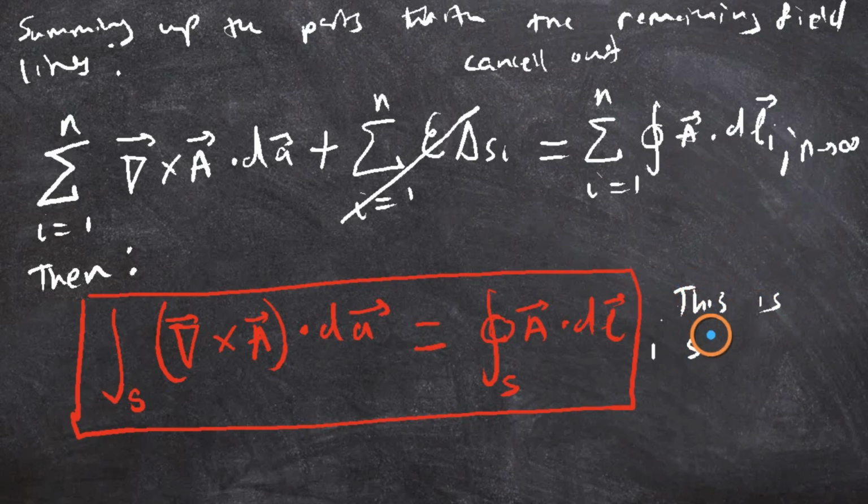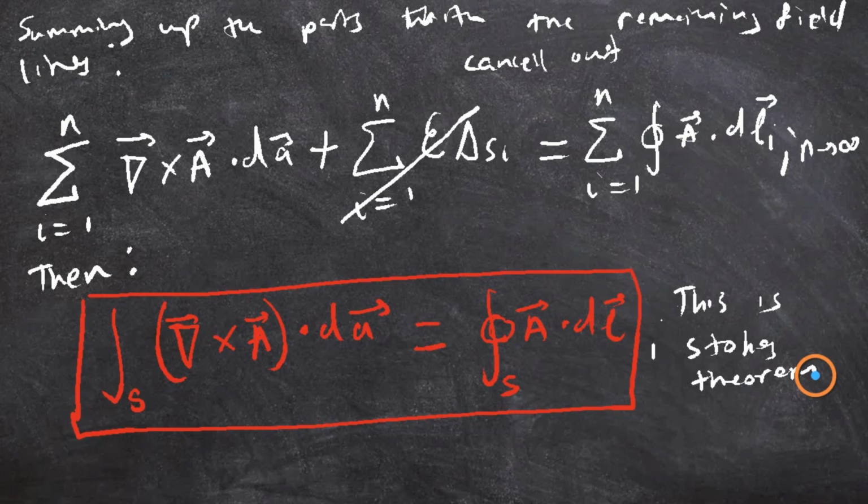And Stokes' Theorem is quite a nice and fundamental theorem, because what it says is that we have some surface integral on the left hand side, where dA is of course an area, and this should give us a scalar value. And the closed path dl encloses this particular surface.